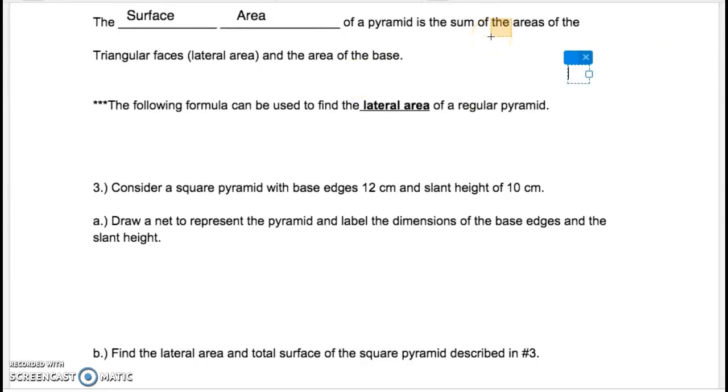This is the formula that can be used to find the lateral area of a regular pyramid. This is not the surface area formula. This is the lateral area.